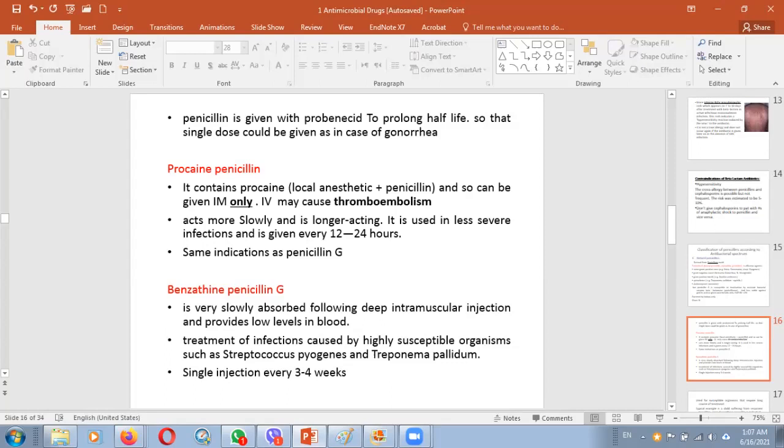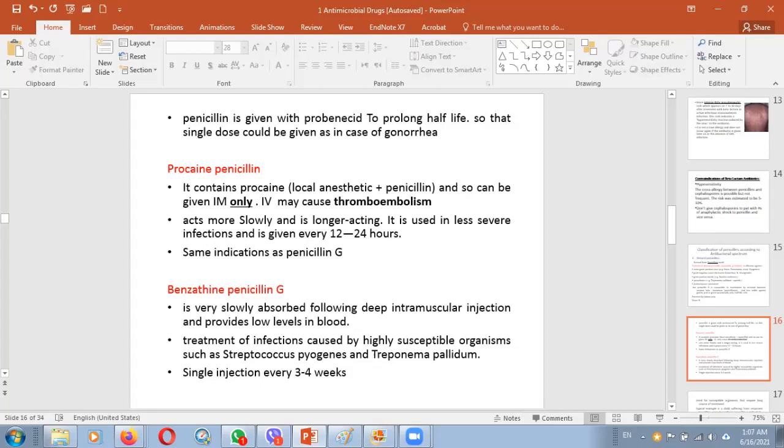This is a serious complication. It acts more slowly and is a longer acting. It's used in less severe infections and given every 12 to 24 hours. And it has the same indications as penicillin G.